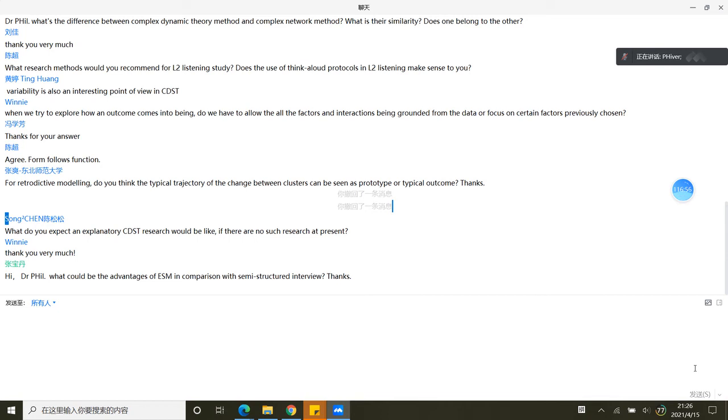Okay, another question is, what are the advantages of experience sampling in comparison with semi-structured interviews? All right, so remember, semi-structured interviews are self-report data, which means already they're one step removed.